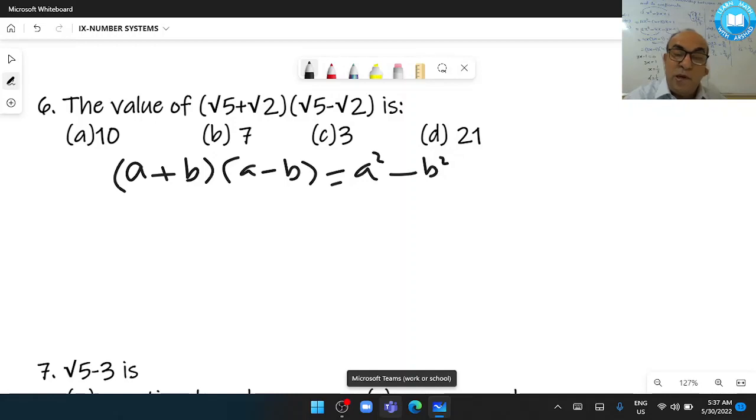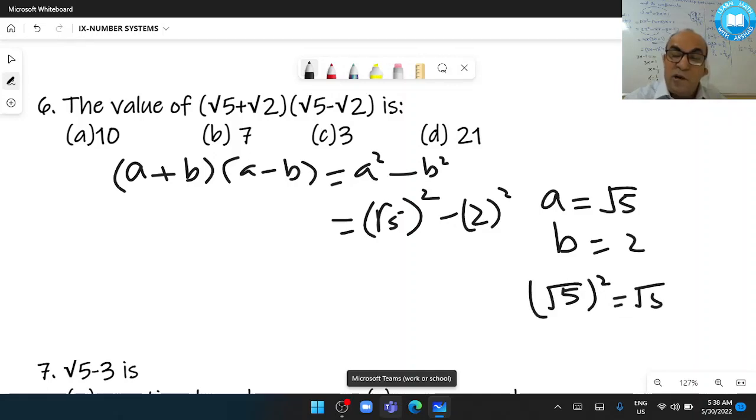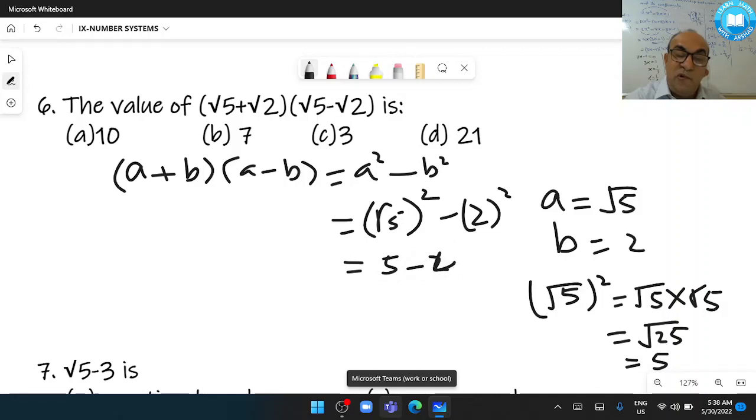If you compare it, you will find that a is square root 5 and b is square root 2. So substitute these values: square root 5 whole square minus square root 2 whole square. Square root 5 whole square is square root 5 into square root 5, which is square root 25, so its square root is 5. So it is 5 minus 2, the square of square root 2 is 2.